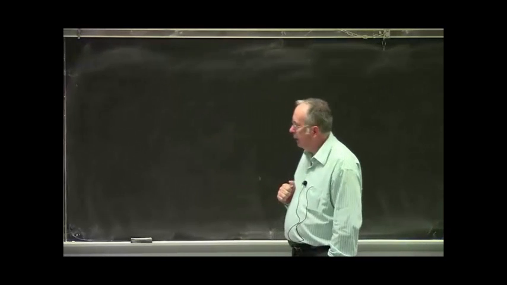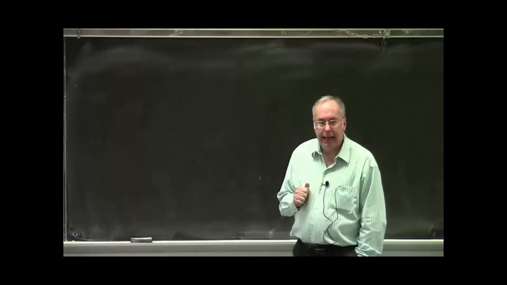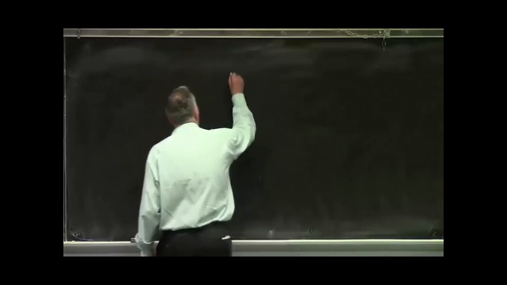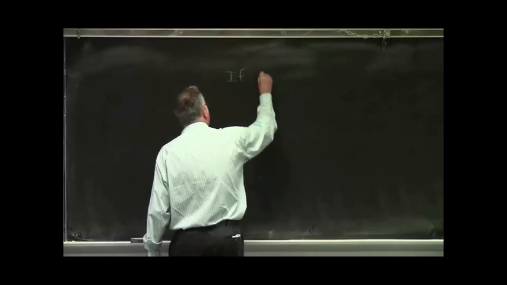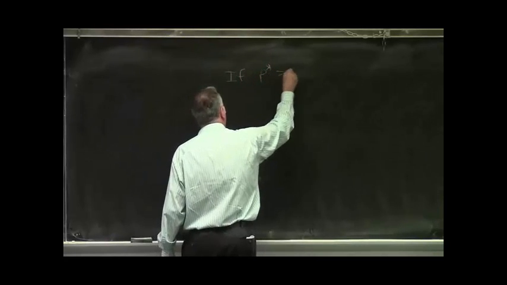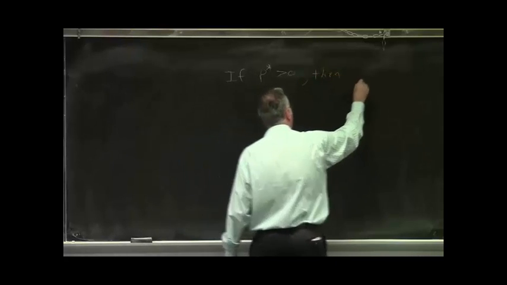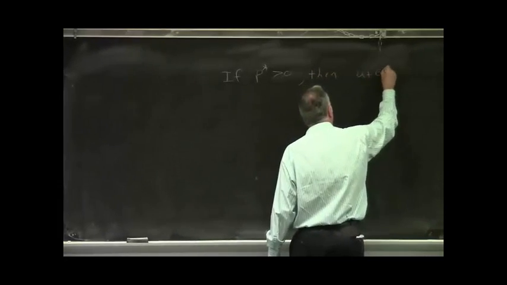If we assume that the equilibrium price is positive, what does that mean about A plus E I 0? What can we say if the equilibrium price is positive? Then what can we say about A plus E I 0?